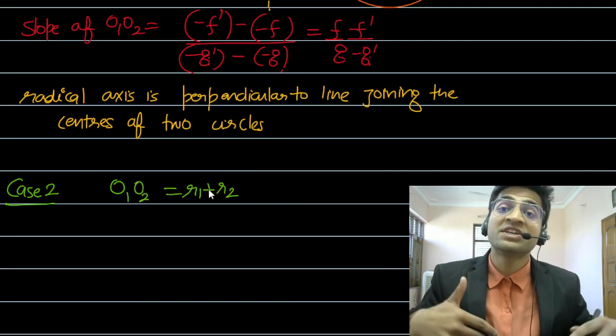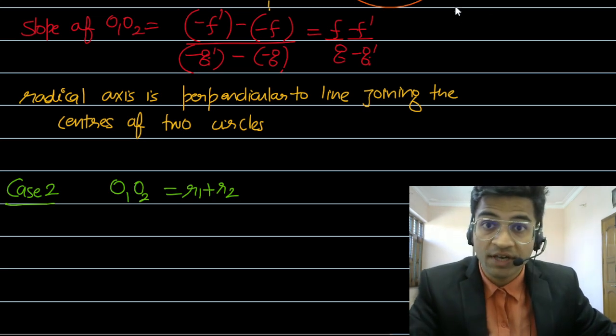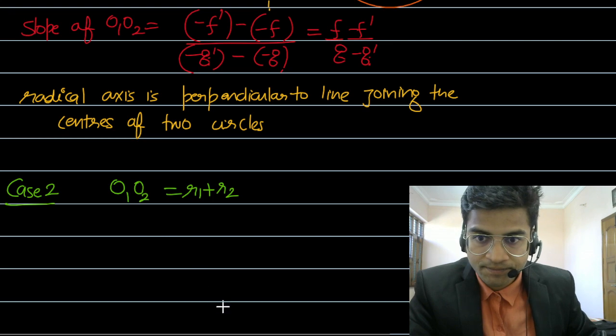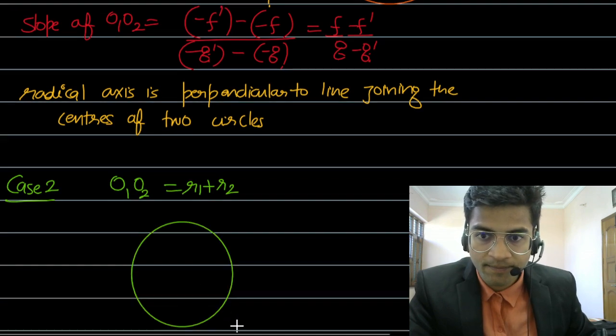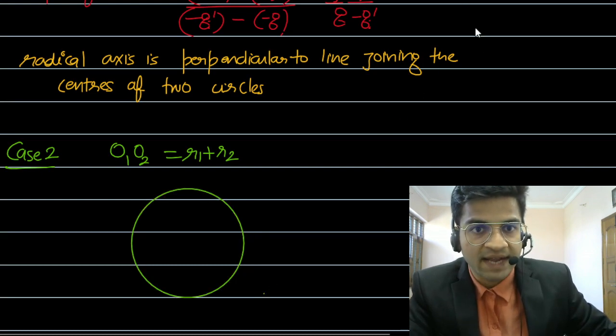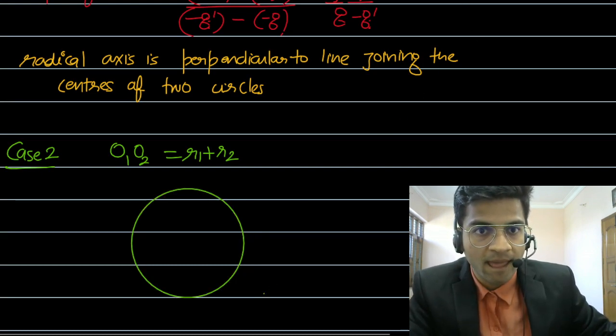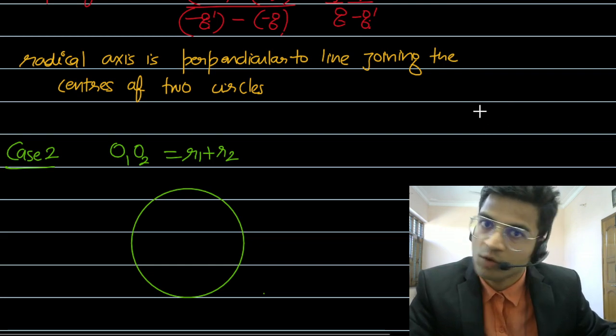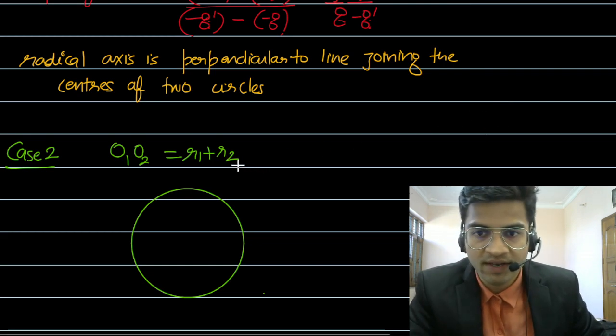The two circles are touching each other externally, not internally. Let us draw the figure. We have the first circle and the second circle, and they are touching each other. So the distance between their centers is equal to the sum of the radii. I hope it is clear to everyone.